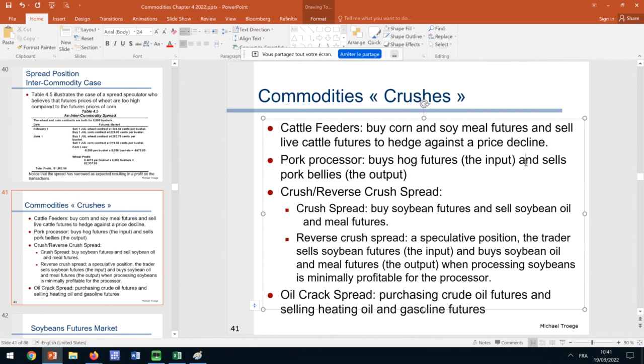We have the young cows that need to be fattened, and we have the old cows that can be slaughtered. So we have feeder cows, and we have live cows.